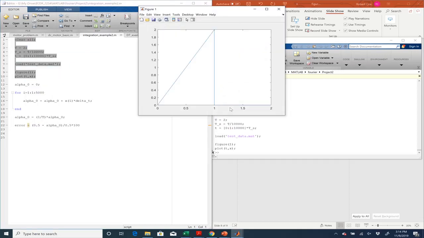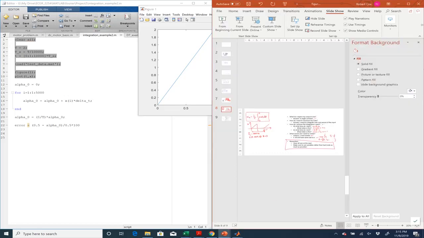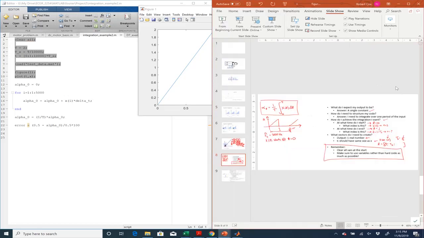I'll evaluate my selection. Okay, so I see it goes from 0 to 2 and then goes down. I want to figure out where my stopping point was here. Because I have 10,000 points in a period, what I had said before is I want to go up to basically 1 time step before 1 second.